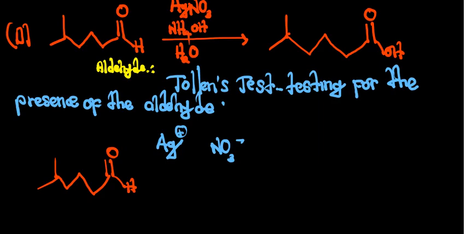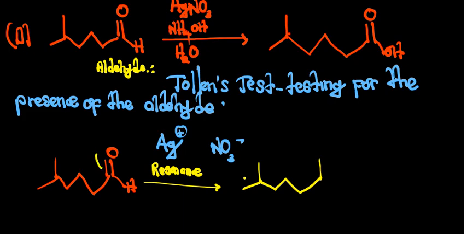So what will happen? The first thing that is going to happen is that this structure is going to undergo resonance to make it more suitable to react with the silver there. And when it undergoes resonance, we're going to have this structure. These electrons will come there, and then the hydrogen will still be maintained.